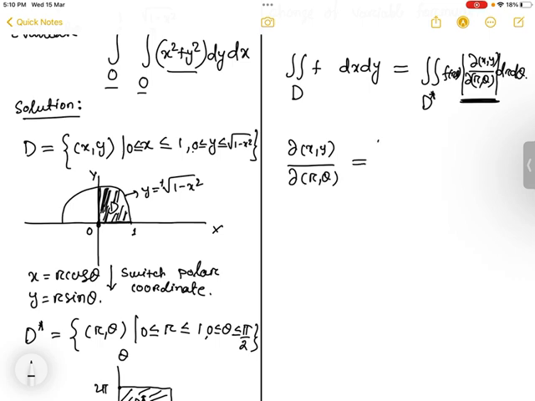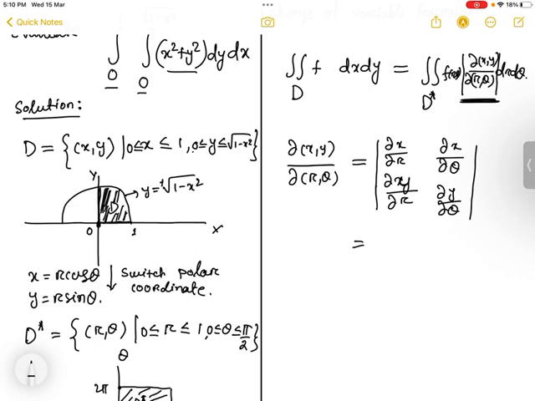This is the determinant of this matrix: ∂x/∂r, ∂y/∂r, and ∂x/∂θ, ∂y/∂θ. Okay, this is the determinant.